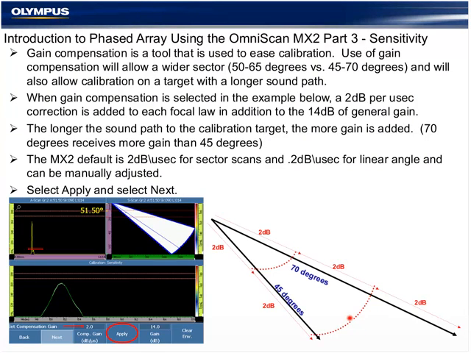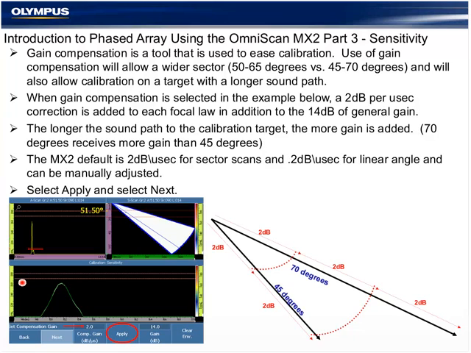One of the limitations of this display is that no matter what my setup is, my first focal law must be below 100%, and my last focal law must be above approximately 10%. So whether I made the sector scan 45 to 70 or 30 to 80, I've got to maintain that ratio or I'm not able to complete the calibration wizard.